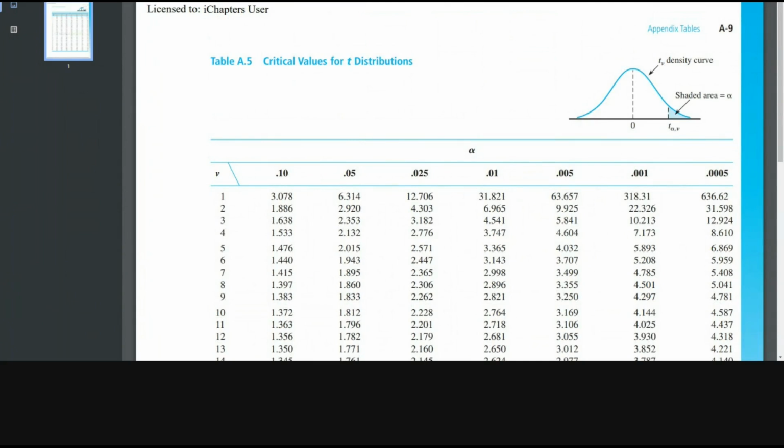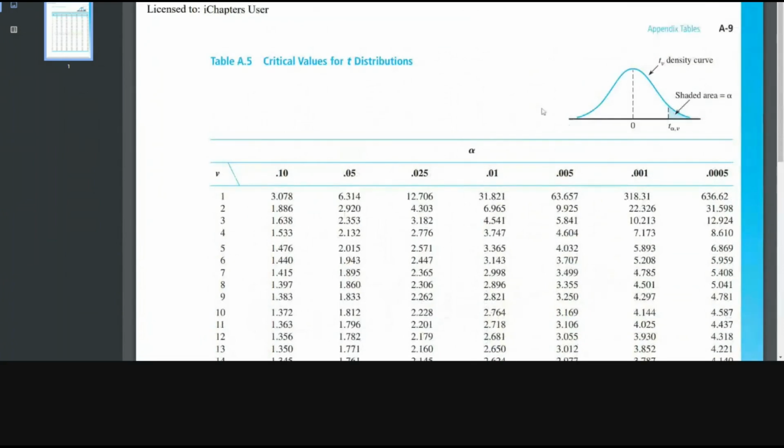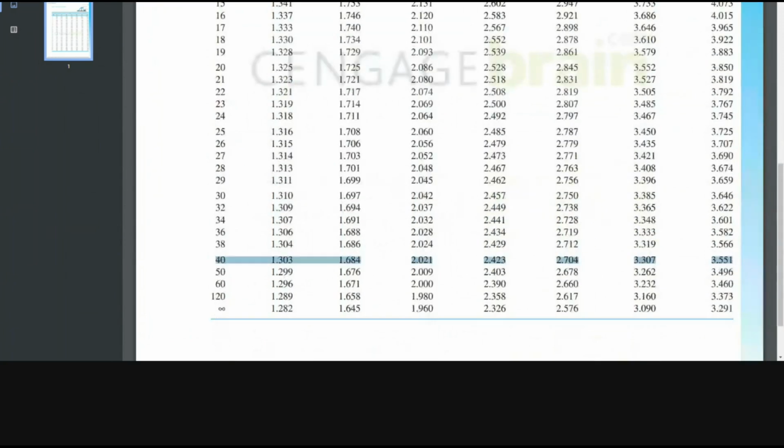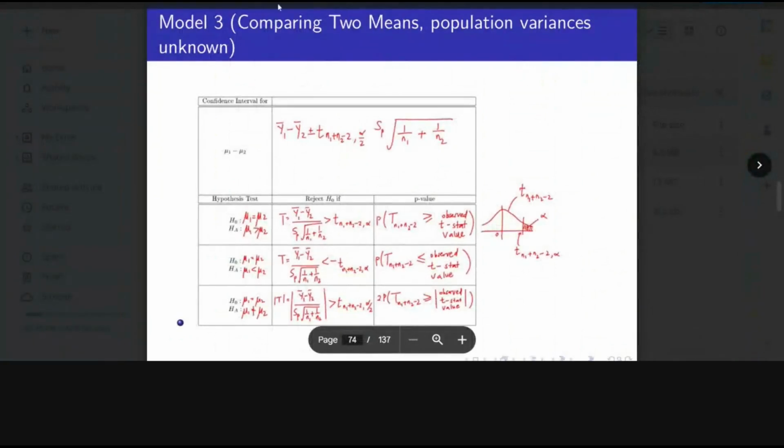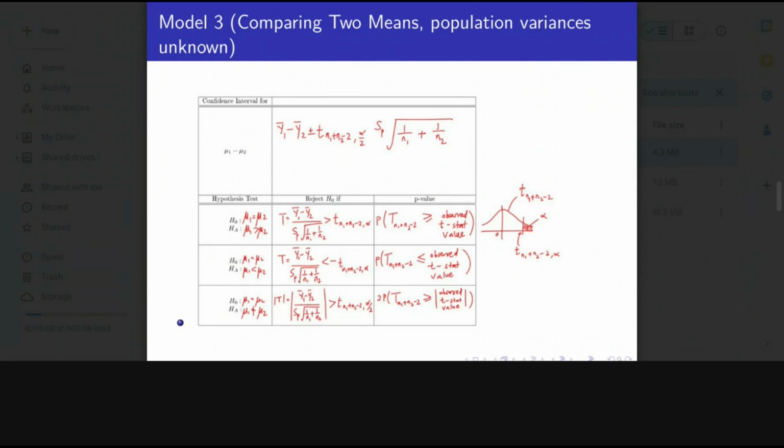Shaded area is alpha, so go to 5%. It's the second column. Then 1.684 is your critical value. The picture helps you see that when you want this area to be 5%, you go to 5%, and then you have 1.684. So this tells you that we reject H naught at a 5% significance level when the statistic exceeds 1.684, if you have 40 degrees of freedom.